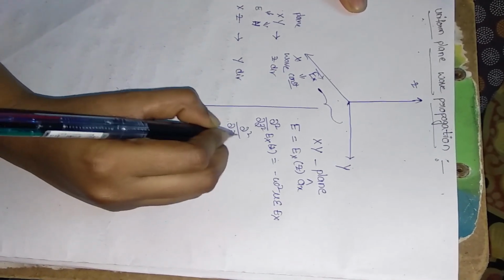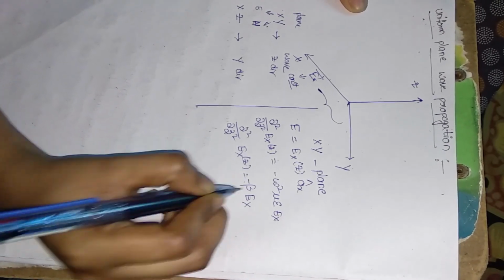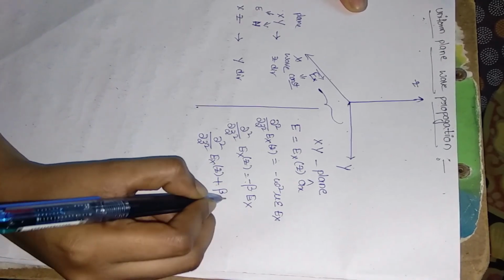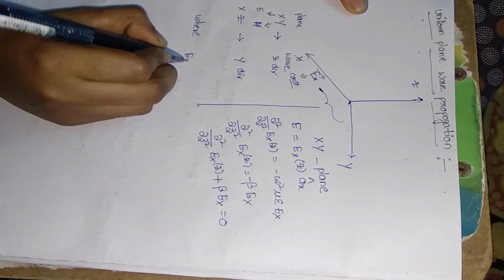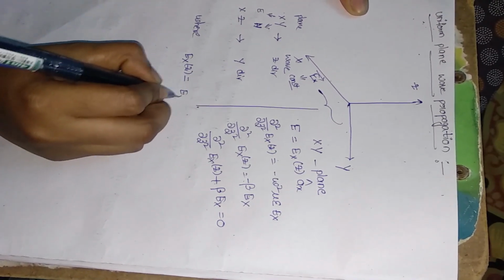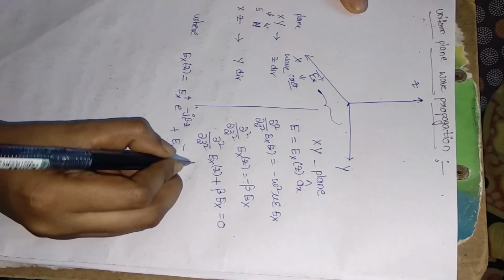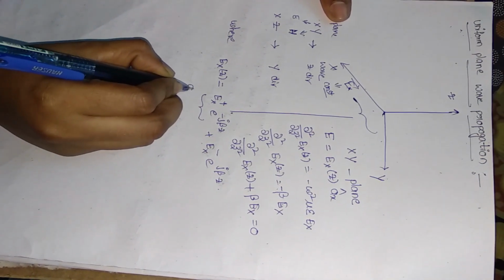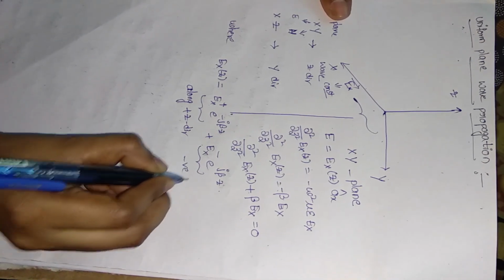So this can be written as d square by dz square Ex of z plus beta square Ex is equal to 0, where Ex of z is defined as the electric field intensity along the z axis, that is Ex plus e power minus j beta z plus Ex minus e power j beta z, where the first term represents the wave traveling along the positive z direction, and here it is the traveling wave in the negative z direction.